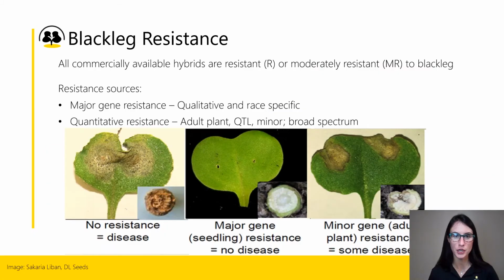So the third management tactic, and one that we probably rely on the heaviest, is our blackleg resistant cultivars or hybrids. So everything that's commercially available here in Canada is either resistant or moderately resistant to blackleg. And you heard earlier from Dr. Fernando getting into major gene resistance and understanding gene rotation. And the second component of this workshop is then focusing on quantitative resistance.